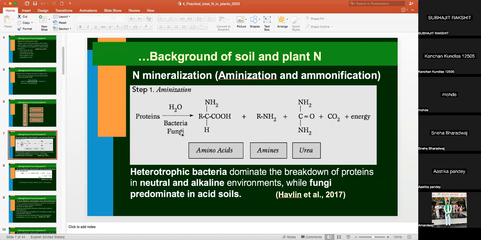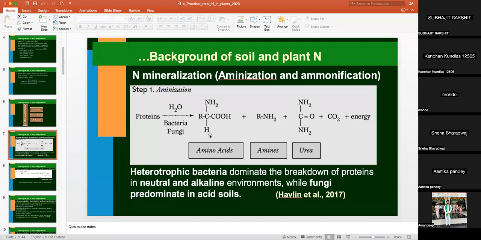So if you have acidic soils, decomposition of proteins will be dominated by fungi. If you have neutral to alkaline soil, decomposition will be dominated by bacteria, and they are heterotrophic organisms. Heterotrophic means they depend for food and energy on other organisms or organic materials. Then these proteins are converted into amino acids.